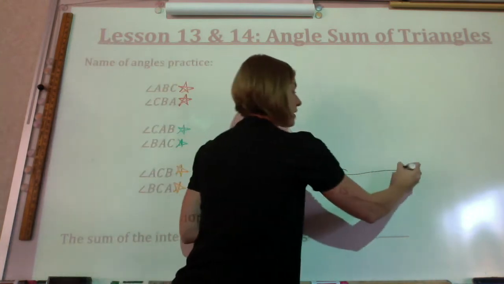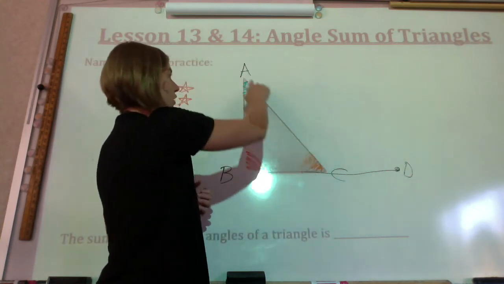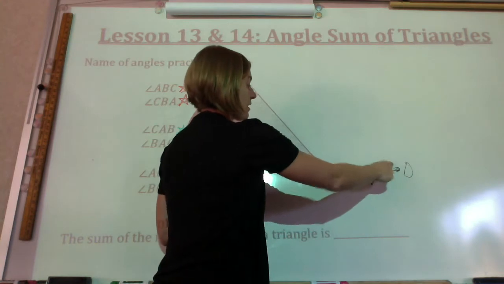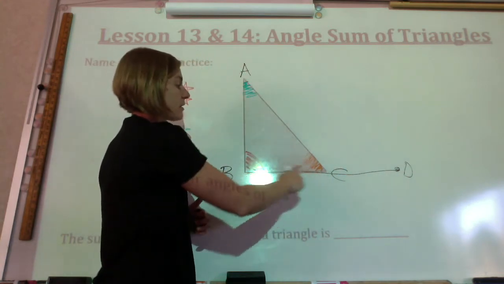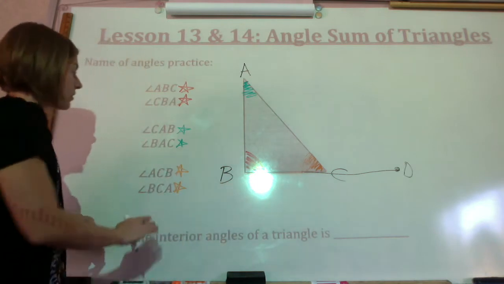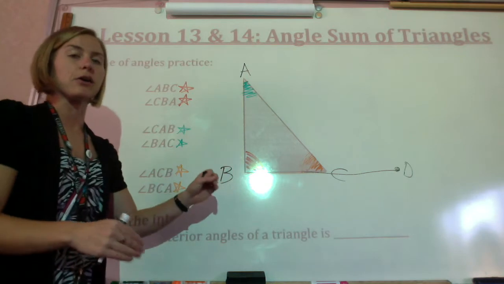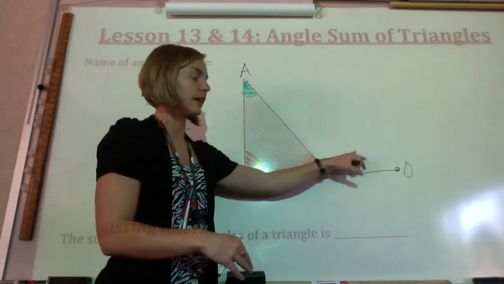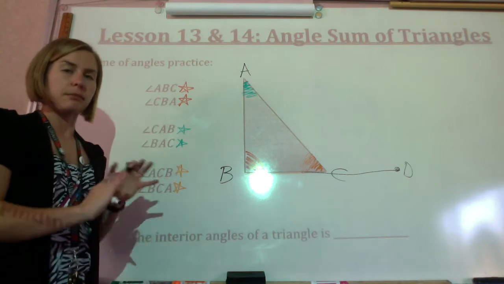If I have this point out here, D, and I wanted to talk about this exterior one, I could call that ACD, as opposed to the interior one, which is ACB. So you can pay attention to the middle letter to know which one you're talking about, but you need to be careful if we're also including exterior angles, in which case just using the middle letter might mess you up a little bit.